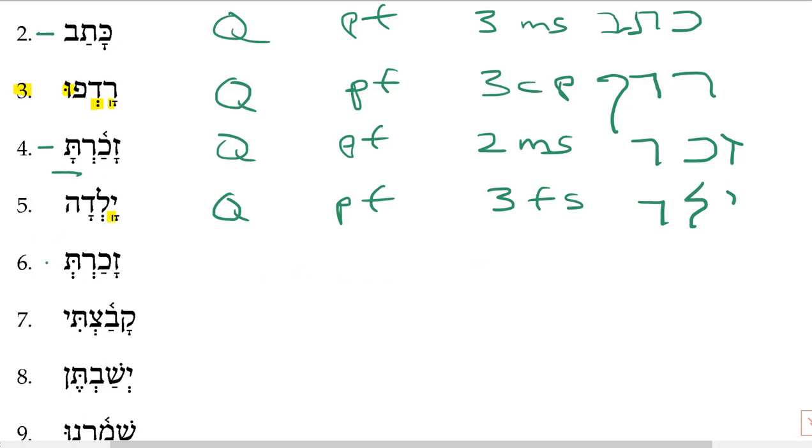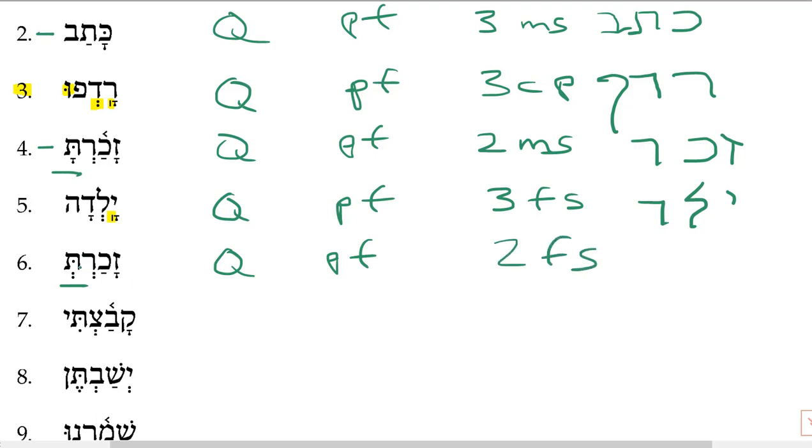Number 6 looks very much like number 4. The only difference is that the ending is a tav with a silent shewa. So we have zakart. Actually, we have 2 silent shewas next to each other. Zakart. And this is very similar to number 4, except that instead of being Qal Perfect 2MS, it's 2FS.